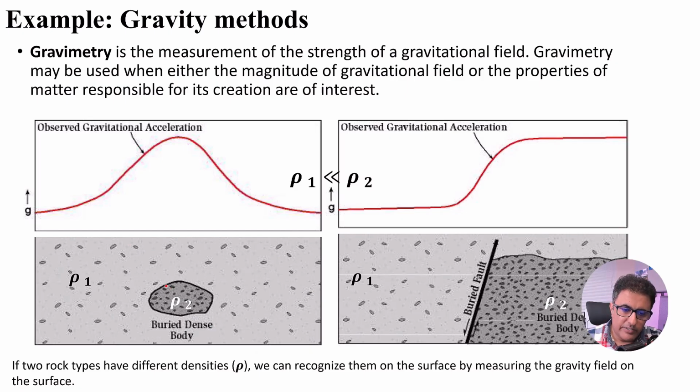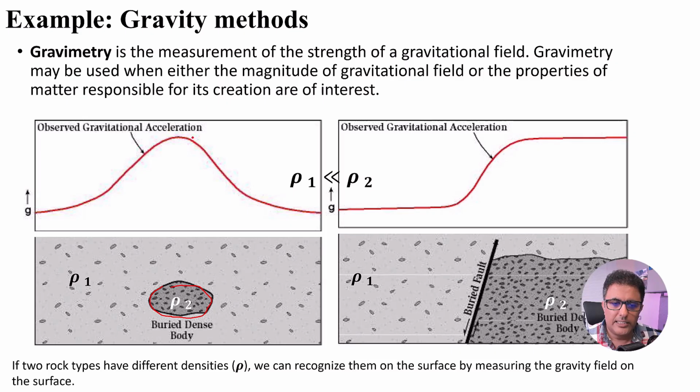So for example, assume that in this figure on the left, you have a dense body with the density of rho 2, and rho 2 is greater than rho 1, that is the density of the surrounding material. So if we measure the gravity field over the surface, once we get closer to this dense body, we're going to notice that the gravity field increases.